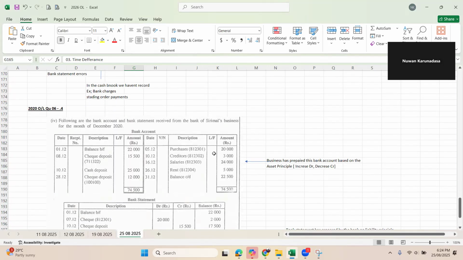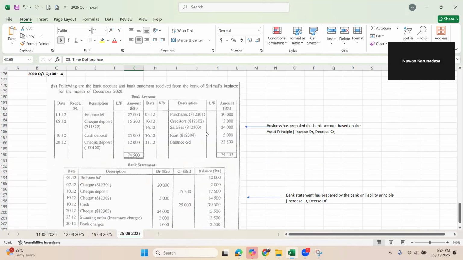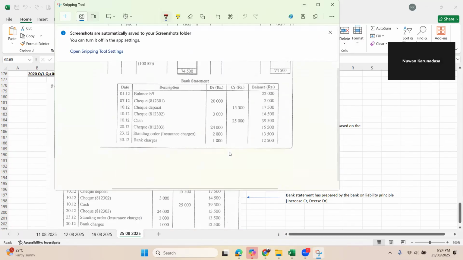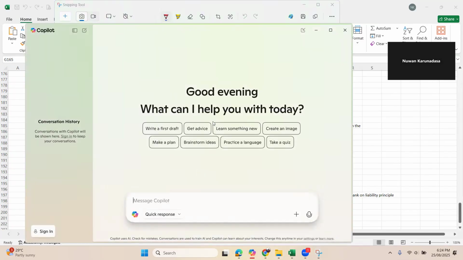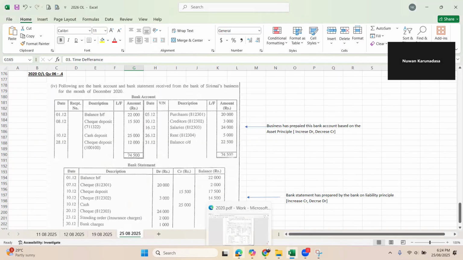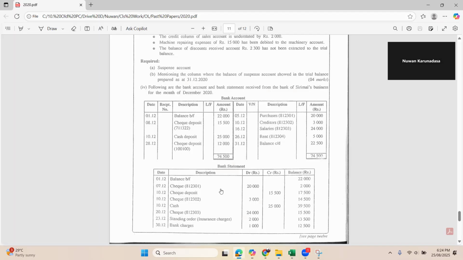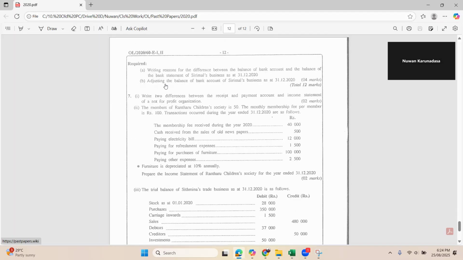Better remember all this, it can be tested. In this paper it was tested. See here, what they're asking: writing reasons for the difference between the balance of the bank account and the balance of the bank statement of the City Malls business as at 31st December 2020.